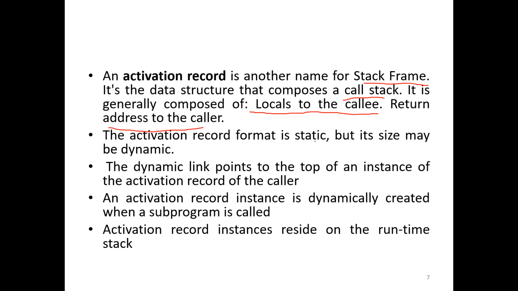The record is static, but we don't know how much to allocate. That is known only when it enters the function. An instance is created. This all happens at the time of execution. It is created dynamically. During execution, this activation record is created. So it is dynamic.